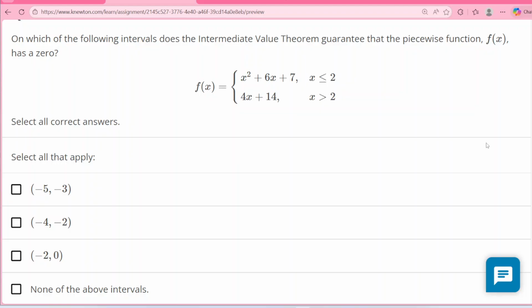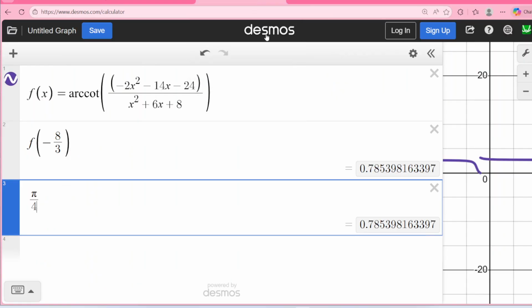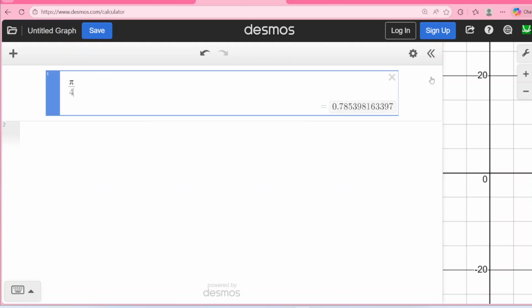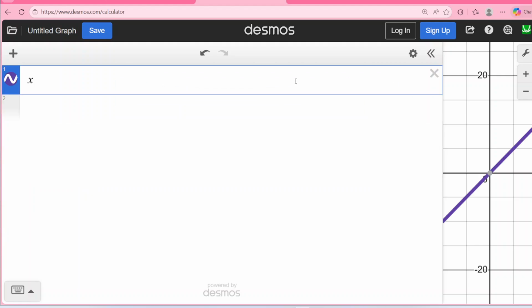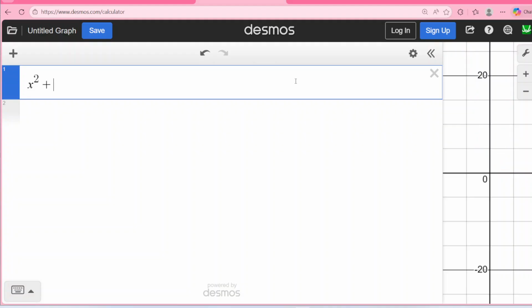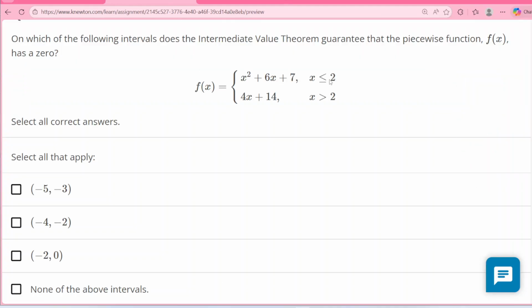In fact, I'm going to use Desmos and put in that expression, x squared plus 6x plus 7, and take a look at a table. Again, all these intervals have values of x less than 2.